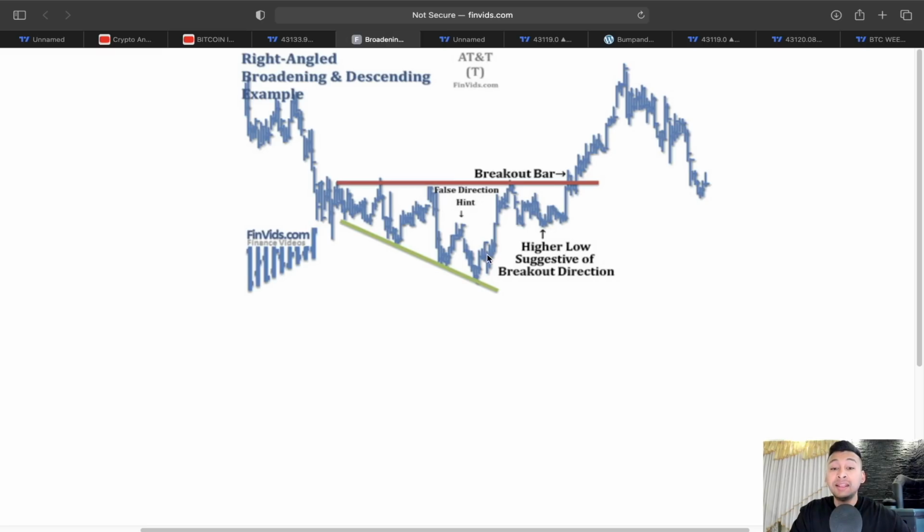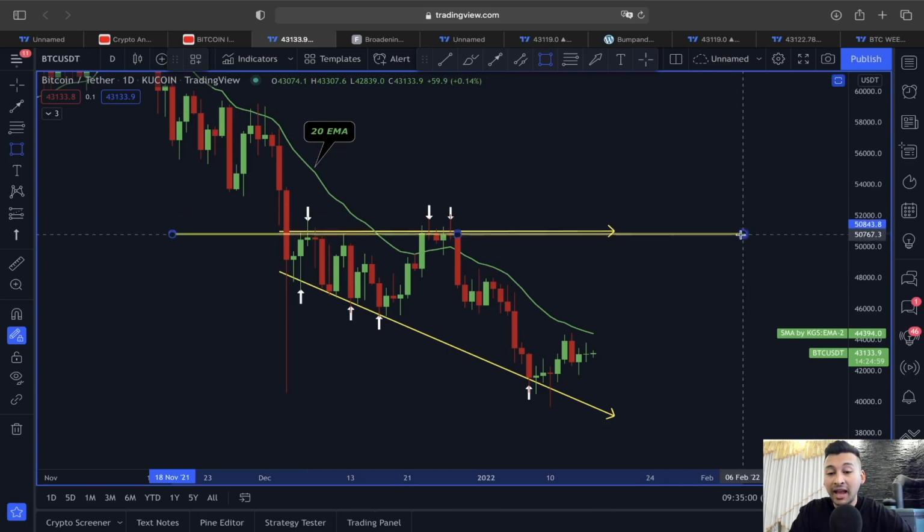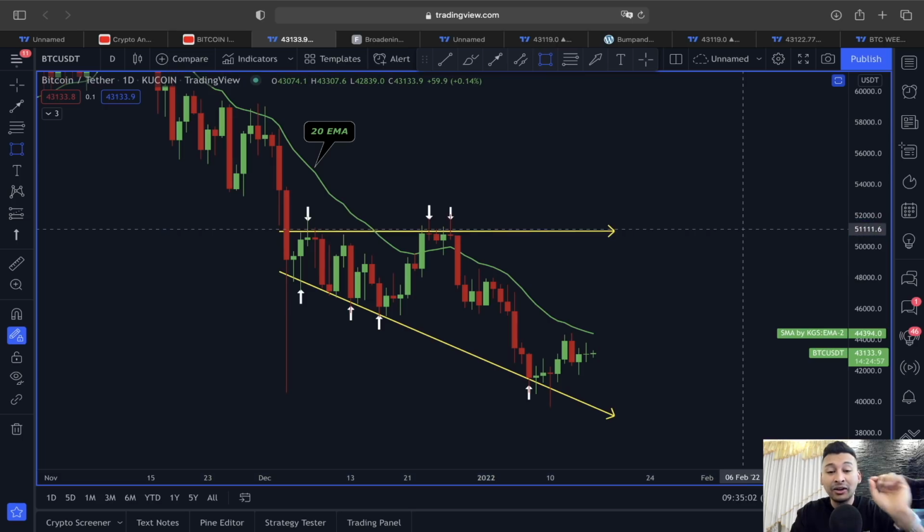Because if we do that, then we are aware the price of Bitcoin could be ready for this new movement, where we could be gravitating towards the upper line area. And this upper line area is lying around 50 to 51,000 price area. So this is exactly what we also want the price of Bitcoin to do.